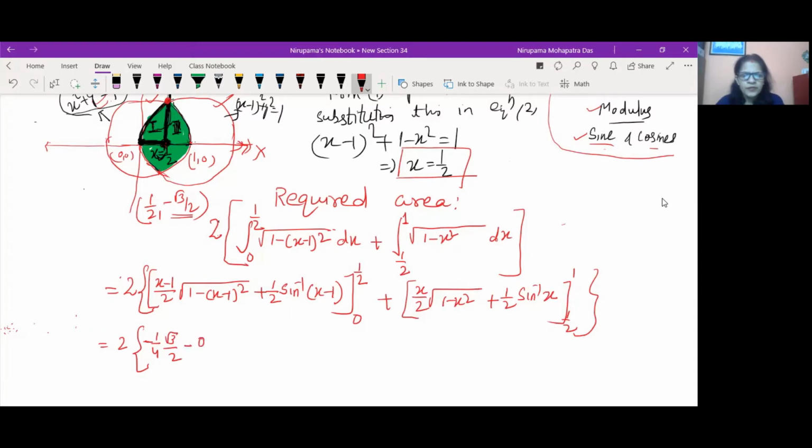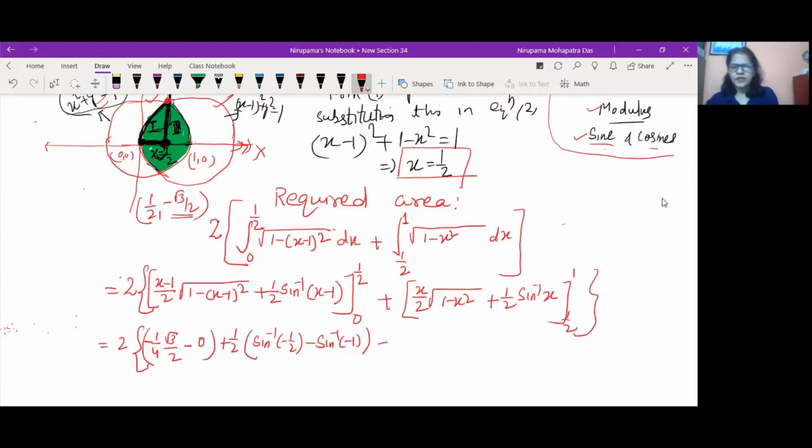You are getting 0 here. If you put 0, minus half, then 1 minus 1, 0. So value at upper limit minus value at lower limit, plus 1 by 2 you are getting sine inverse of minus half minus sine inverse of minus 1. So this part is over.